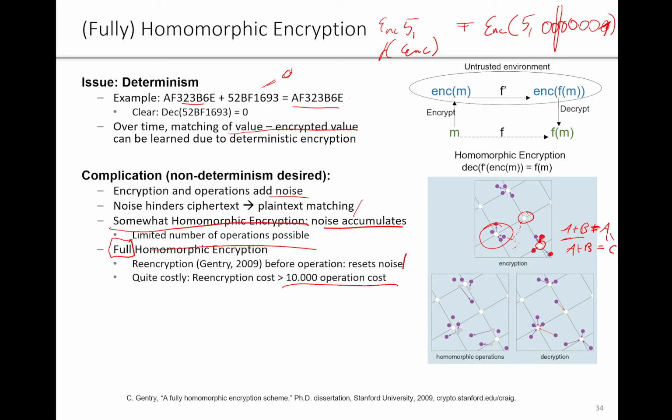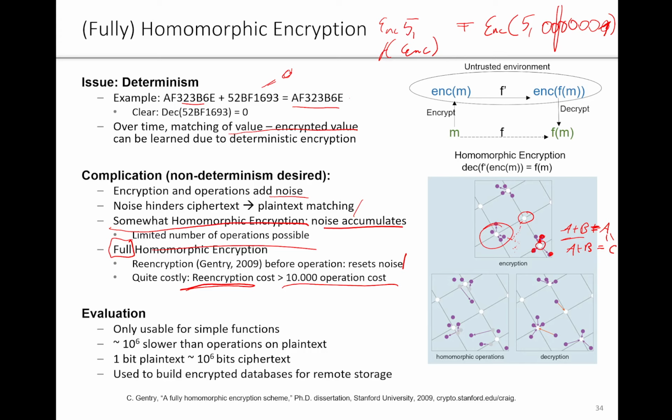So now you can, on this encrypted data, compute as many operations as you want, but after every operation you have to re-encrypt, basically. New keys are established and so on. And it's very expensive, 10,000 operations for the re-encryption, one for the addition.